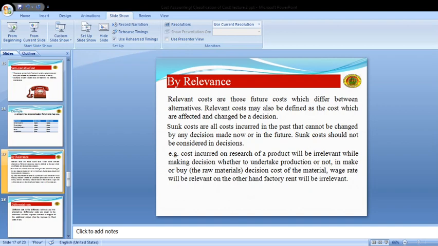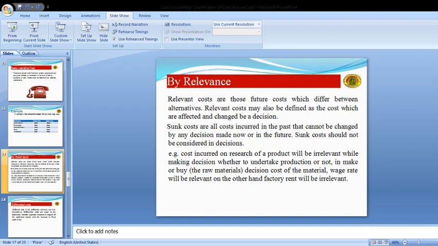Now, what is an example? Suppose you have developed a product P. For development of the product, you have incurred research and development cost of 10 lakhs. Now, the question is, shall we launch the product or not?